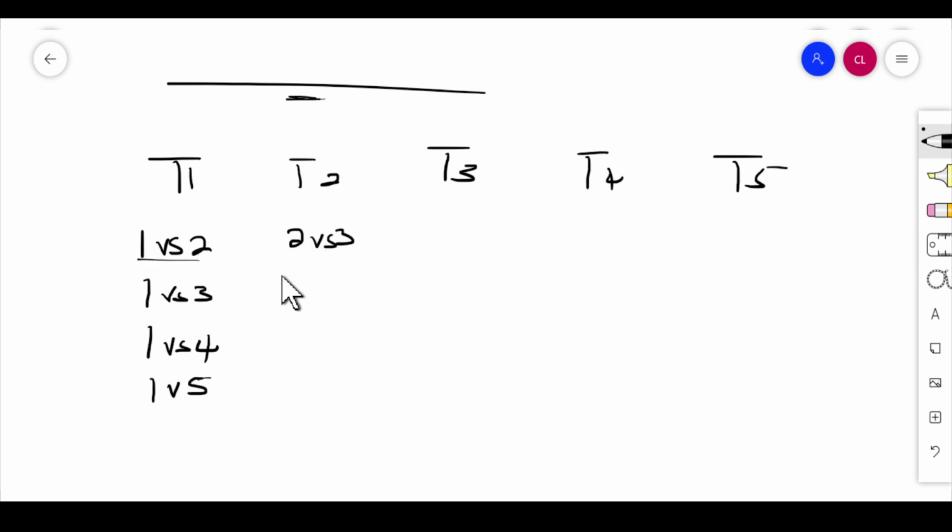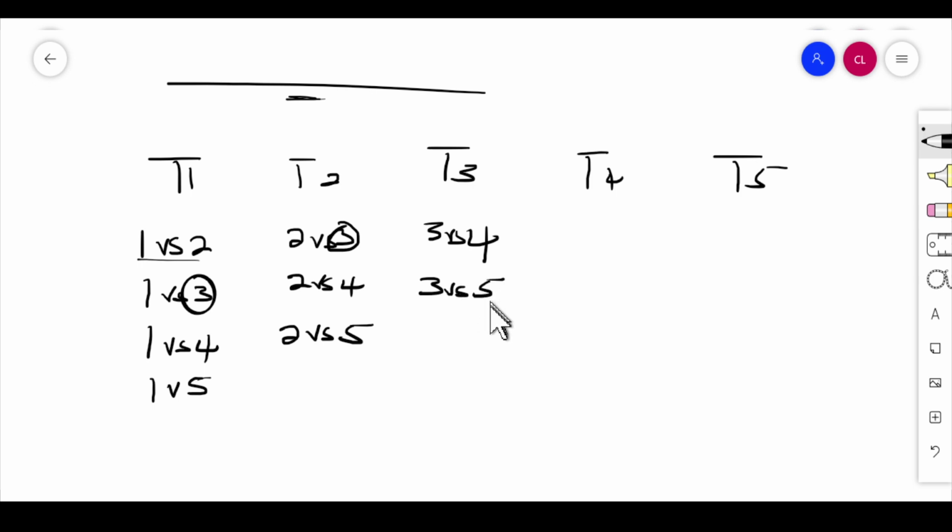So it will be 2 versus 4, 2 versus 5. Then 3 has played here already, so this would be 3 versus 4, and 3 versus 5. Then 4 versus 5. Nothing there.